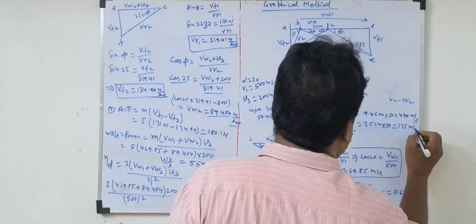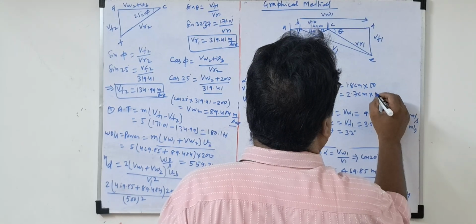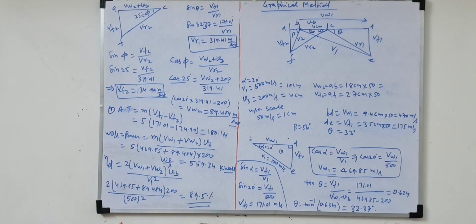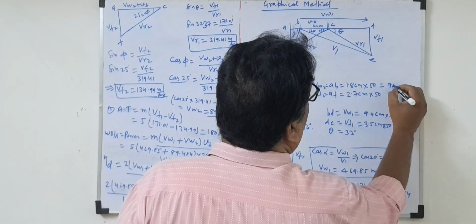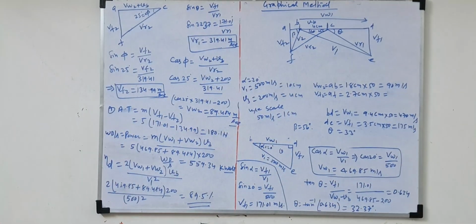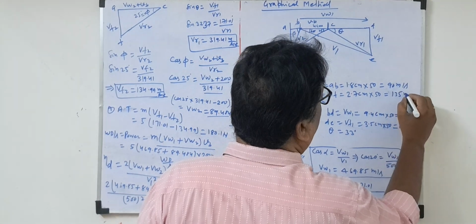Now 1.8 into 50 is 90 meter per second. 2.7 into 50 is 135 meter per second.